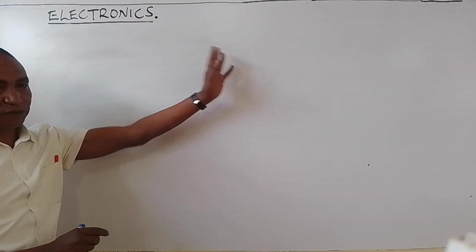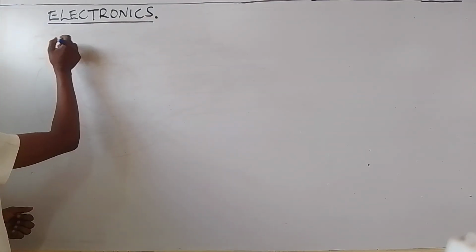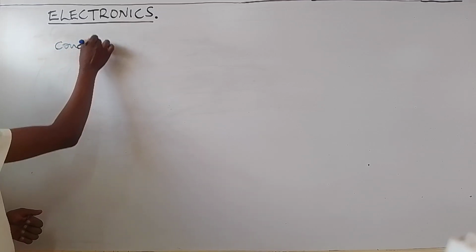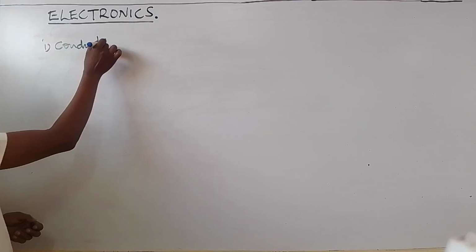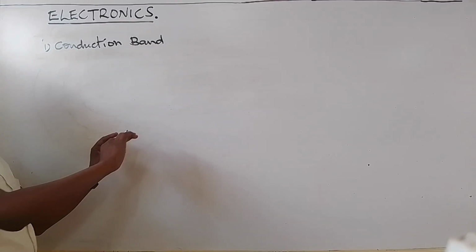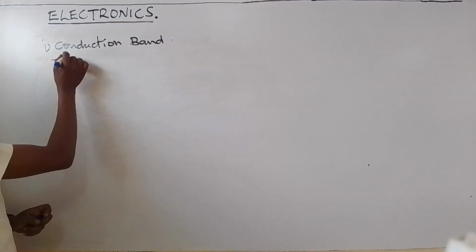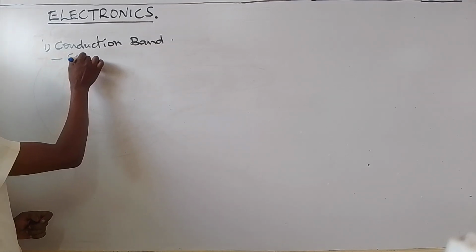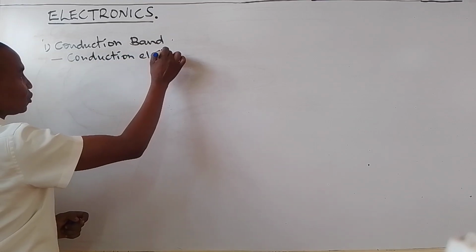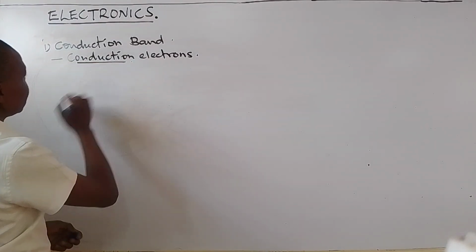The farther away it is from the nucleus, the higher the number of bands. So in electronics, there are two important bands. One is the conduction band. The conduction band carries conduction electrons. Electrons in this band are the ones that take part in conduction.